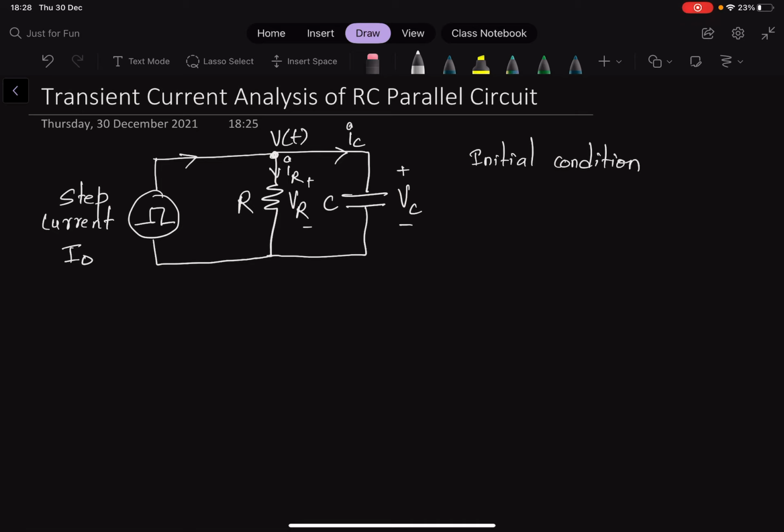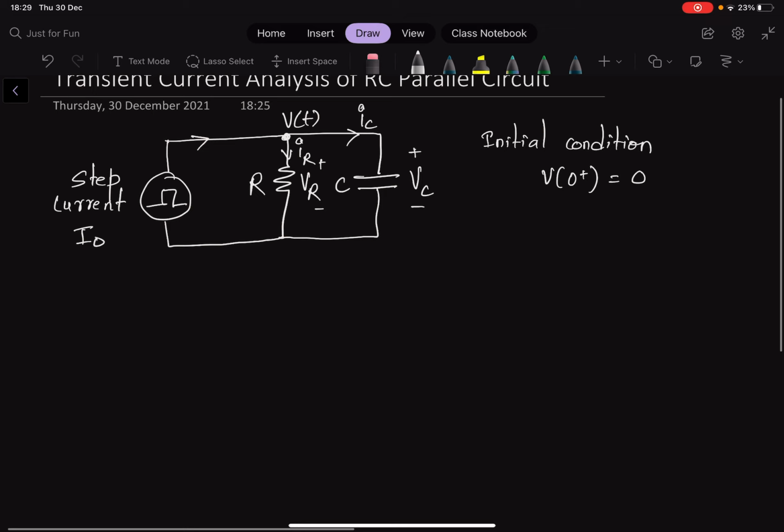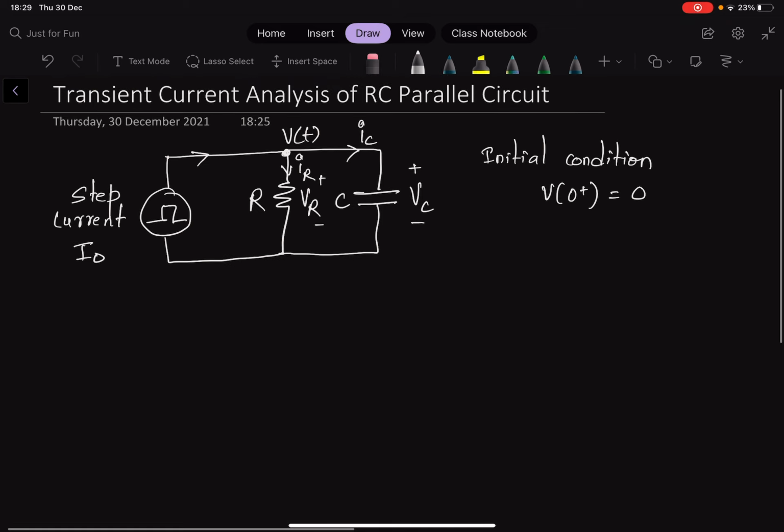We can also find it, but since this is an RC circuit, the capacitor will be a short circuit initially, so V(0+) is going to be 0. That is our initial condition, which is given, or we can find it based on whatever the problem is.